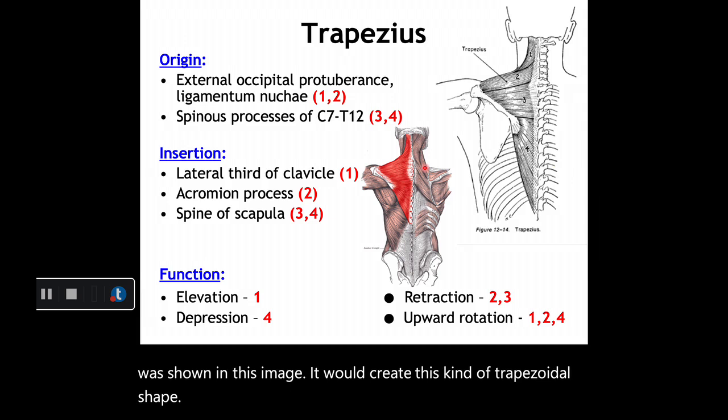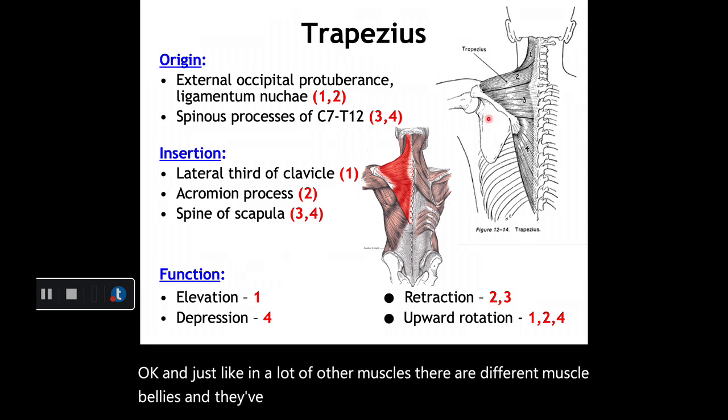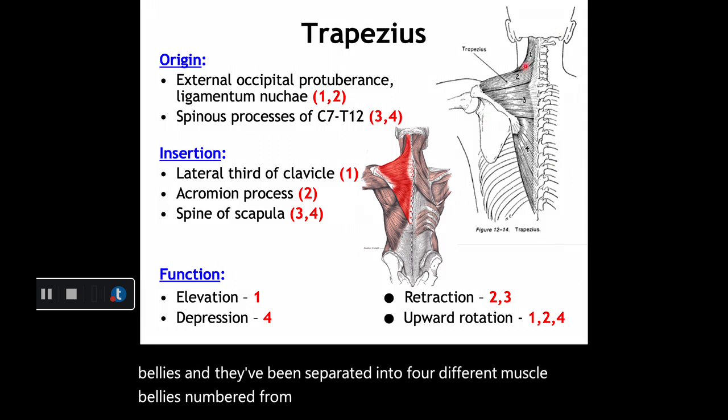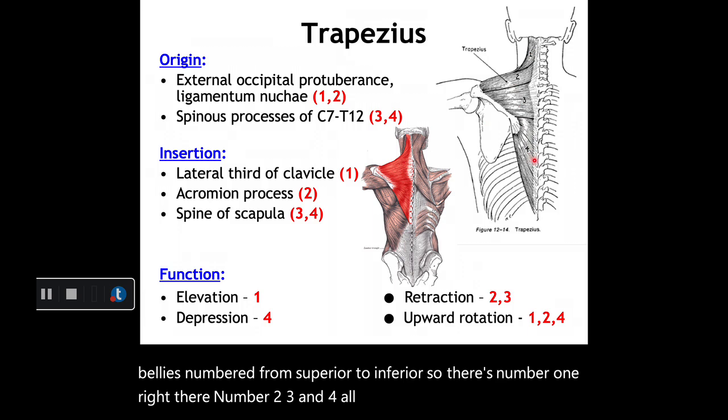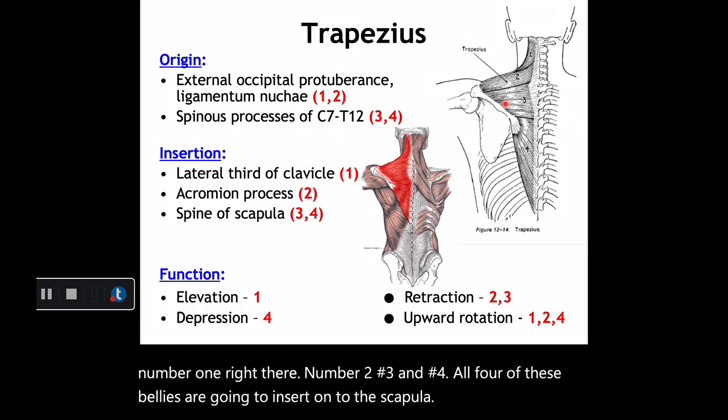Trapezius. Okay. And just like in a lot of other muscles, there are different muscle bellies. And they've been separated into 4 different muscle bellies, numbered from superior to inferior. So there's number 1 right there, number 2, number 3, and number 4. All 4 of these bellies are going to insert onto the scapula at different parts.